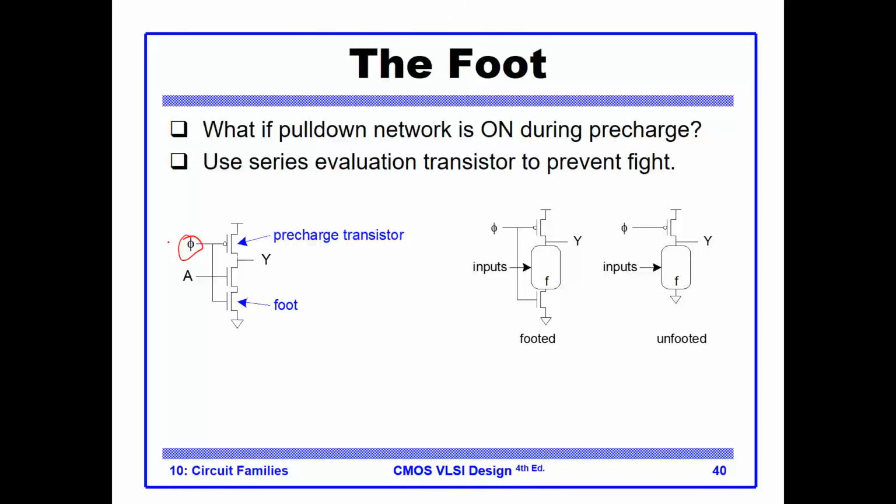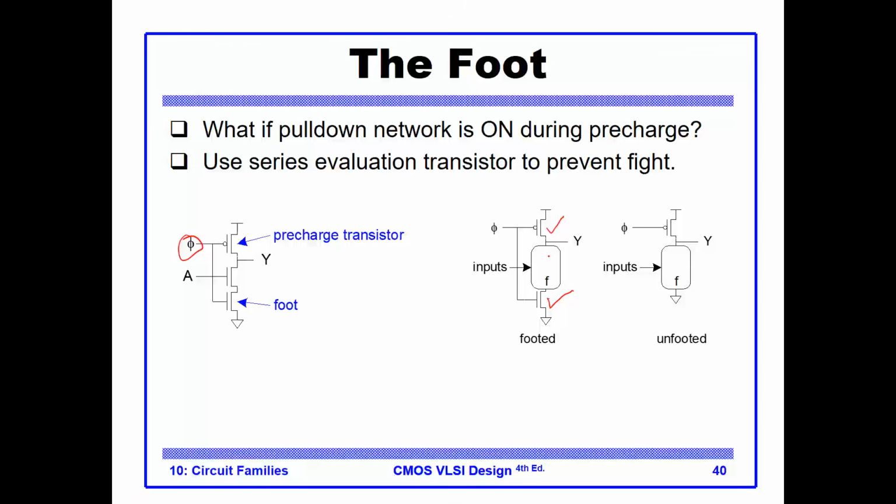The one implementation implements the function. Right now we are explaining the skeleton of the design. Basically it consists of a pre-charge PMOS transistor connected to the clock, and an evaluate NMOS transistor also connected to the clock.